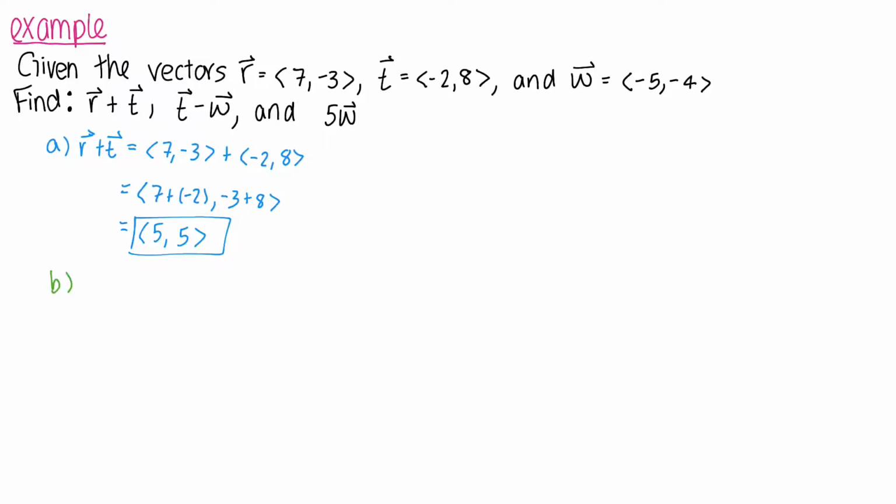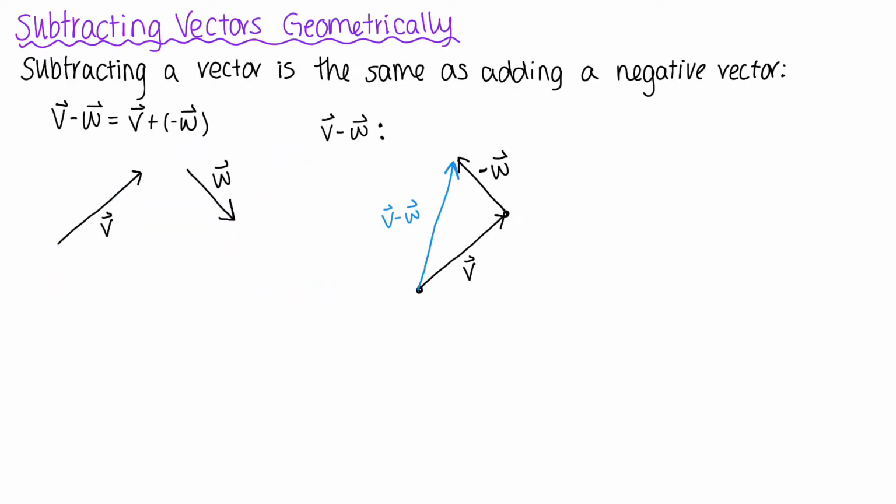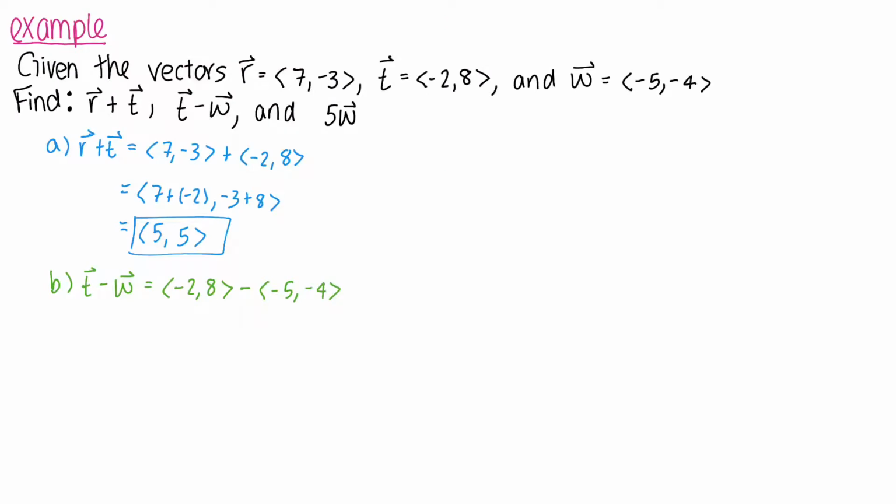Let's do t minus w. So our vector t is negative 2, 8, and there's a minus sign, and then w is negative 5 comma negative 4. Once again, when you were doing this geometrically, when you went to subtract vectors, you had to make negative w in order to do that. You don't have to do that in the component form. In the component form, you can simply subtract this minus this, this minus this.